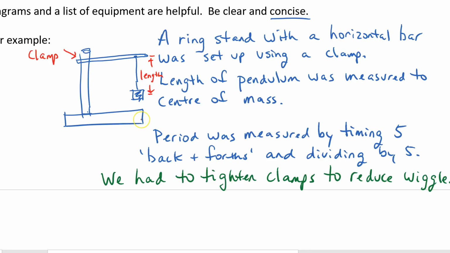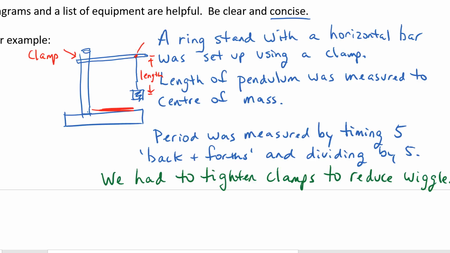So perhaps you're setting this up and you had a couple of trials and you noticed that the whole thing was shifting around. Some of you may find you want to put a couple of books on the ring stand if you're using a particularly heavy mass because the whole thing looks kind of shaky, because you really want the pendulum to be stationary at this point here.